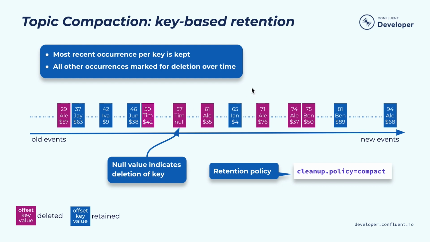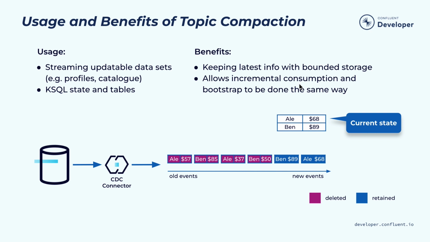It's key-based retention. What are some of the use cases for compaction? It's actually a pretty useful concept. It's very useful for capturing all the event changes for something that's updatable, like a database table. For example, if you have a profile for all the customers, or a catalog of all the product descriptions, as those change, you may want to keep getting the latest changes.